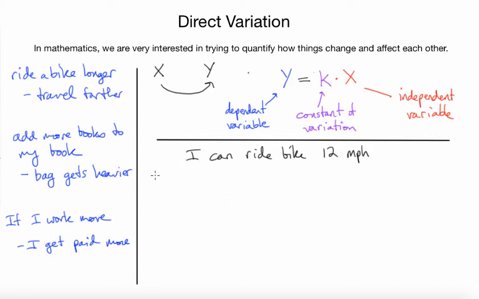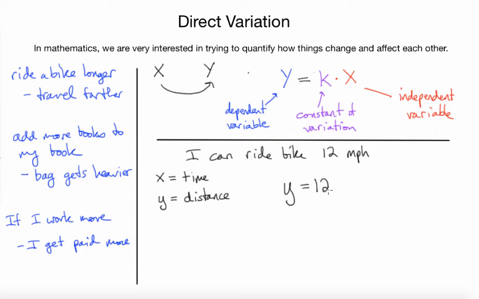If x in this case is going to equal the length of time, how long I ride, my value for y will equal the distance that I travel. And so my direct variation equation, the distance I travel, y, is going to equal 12 miles per hour.